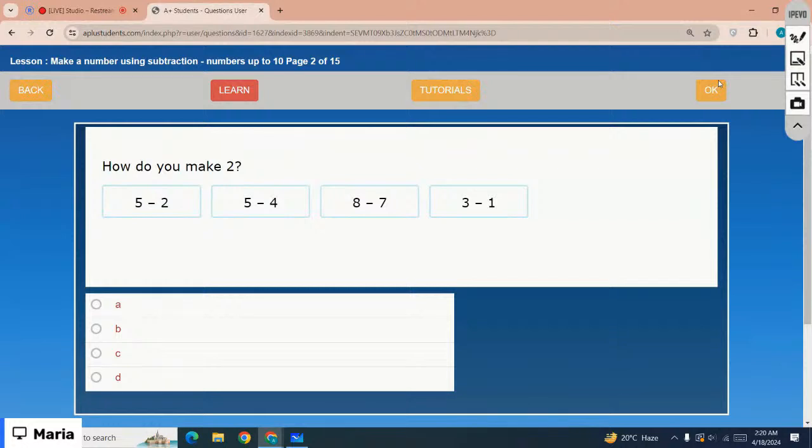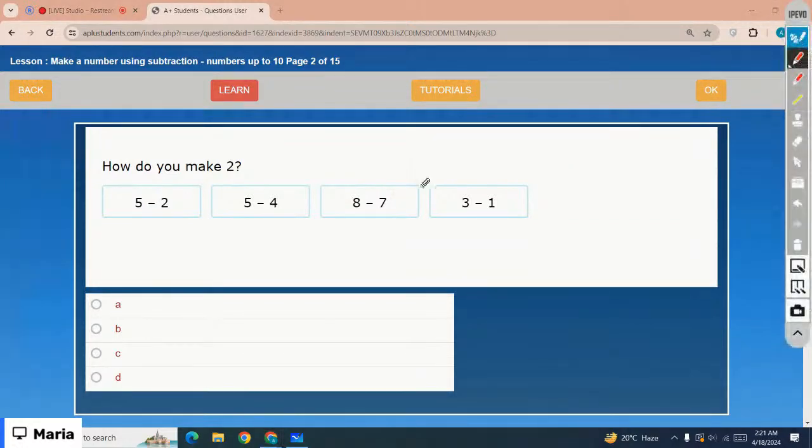The correct option is, yes, option number D is the correct option. 3 take away 1 is the correct one. Option number D is the correct option. 3 take away 1.